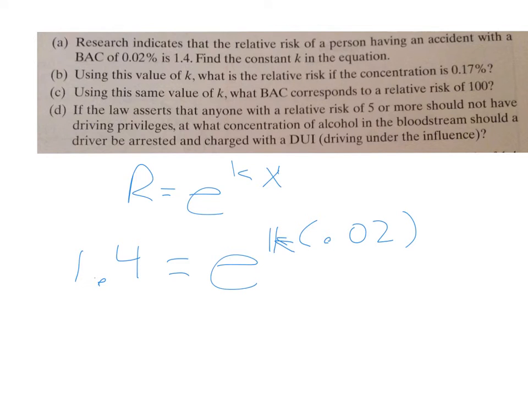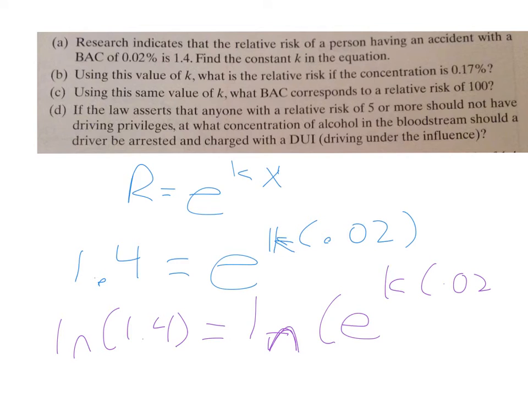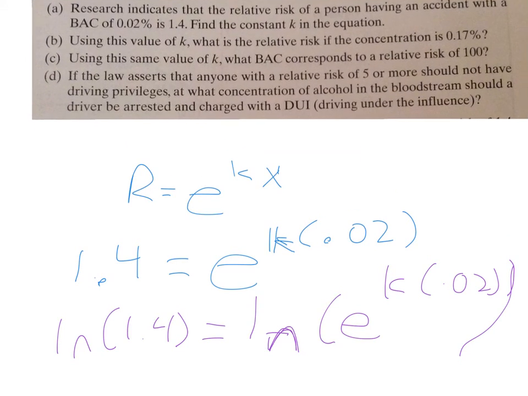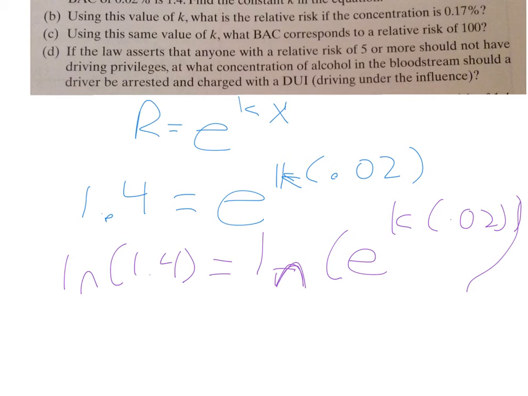So now we need to solve for k. In order to do that, we can do log of both sides, since the log and the exponential are inverses. Now, on the right hand side, the ln and the e just kind of cancel out, so you have k times 0.02 is equal to natural log of 1.4.